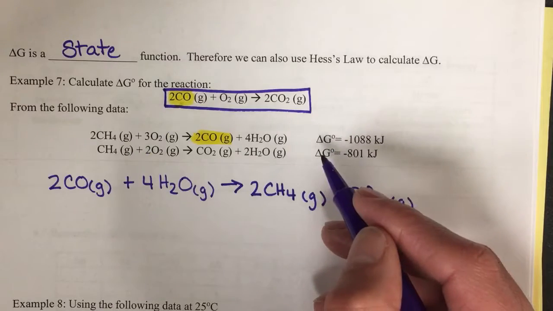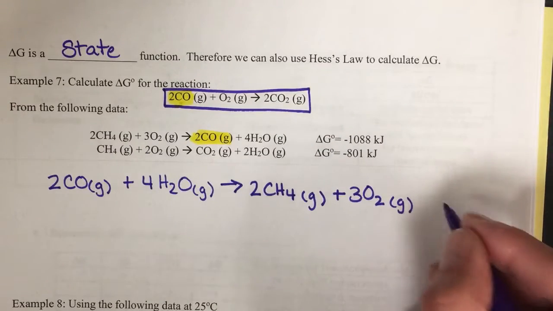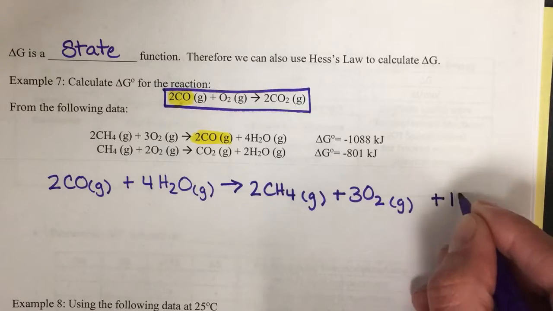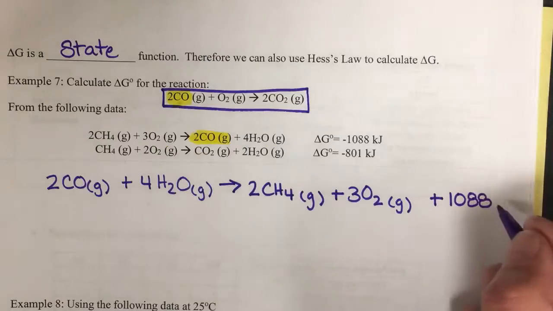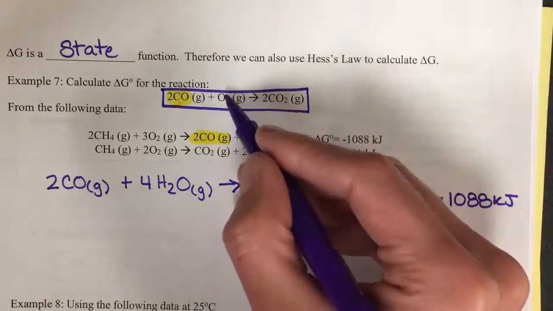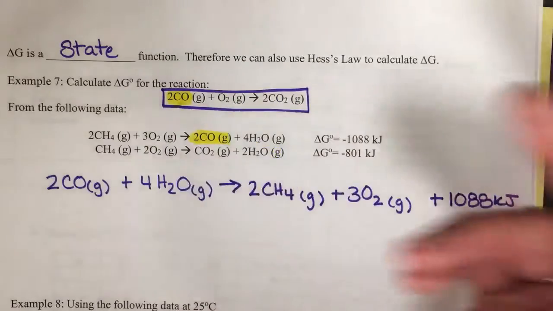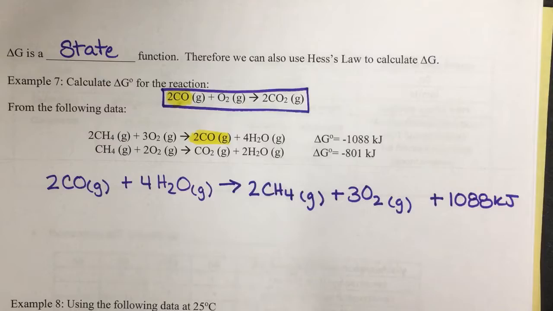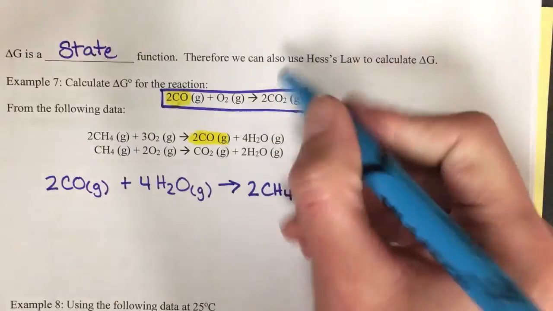Because I flipped my reaction, I also have to flip the sign. So this is going to be a positive 1088 kilojoules. Okay? Now if I look at O2, I've got O2 here, O2 here. Since it's in multiple places, I'm going to just check O2 at the end and make sure it balances out correctly.